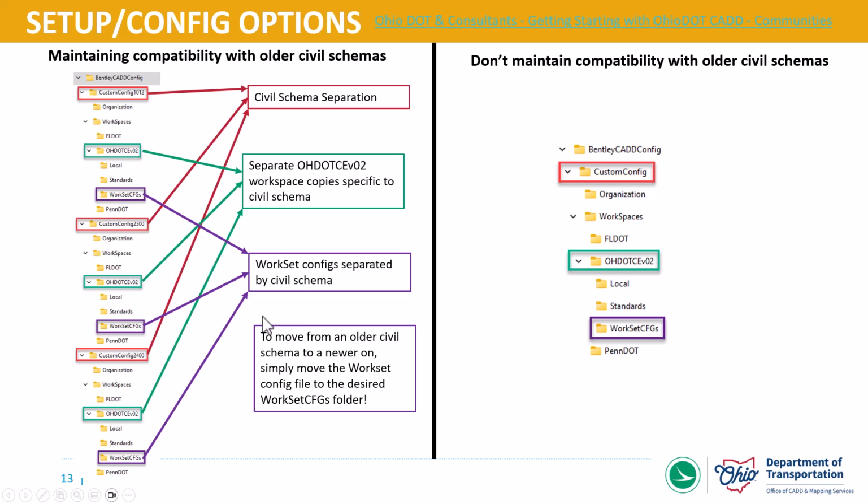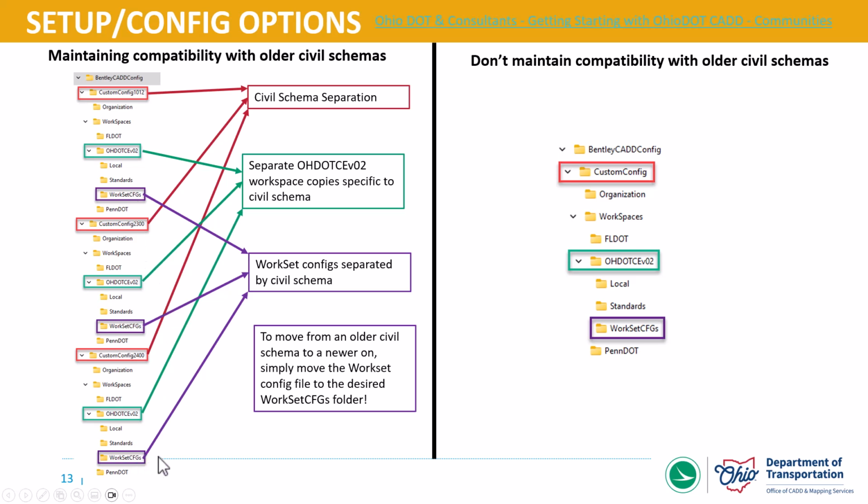The last thing I want to note is if you're set up like this and you want to move, say, a project from using 10.12 to maybe using 24, all you'd have to do is take that config file and move it to that newer civil schema folder location, right? So I'd move it from this folder to this folder.